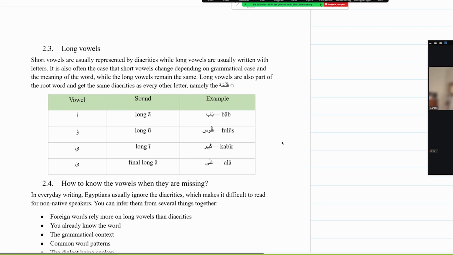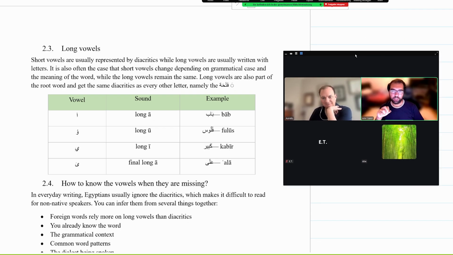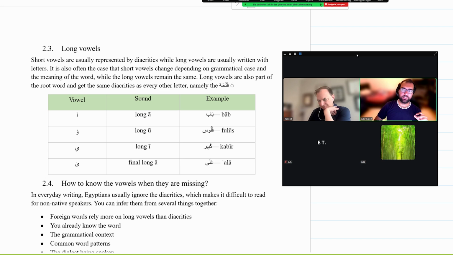So on the other hand, we have the long vowels. The diacritics usually, actually always show the short vowels. The long vowels are written down like actual letters. And the difference between them is that they usually don't change depending on the case of the word.